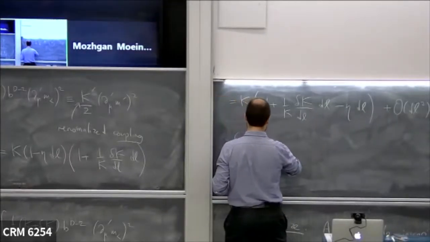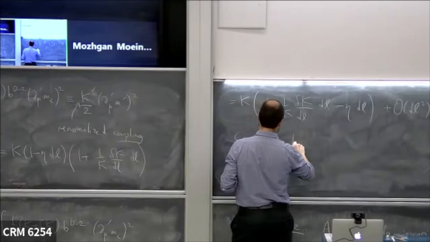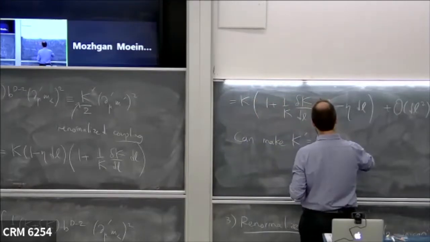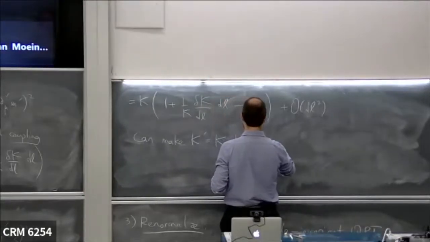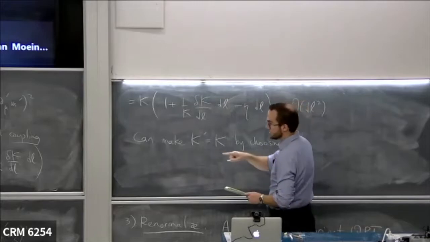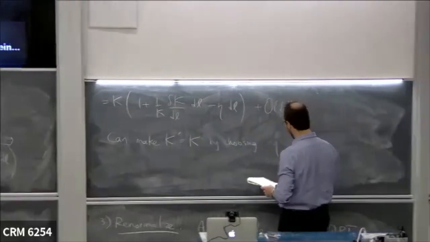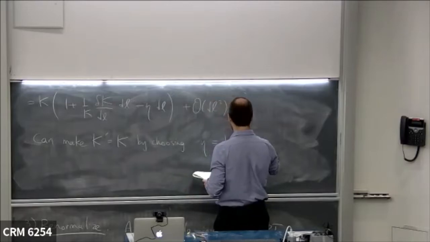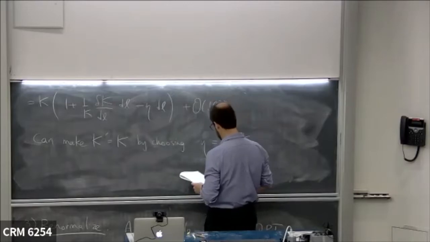Okay, so that's a choice we can make. It's a freedom we have in the theory. We can choose K prime to remain unchanged under the scaling transformations by choosing this free parameter eta that I introduced in the definition of M prime to be 1 over K delta K over dl.